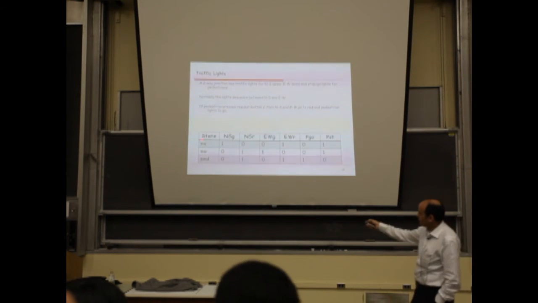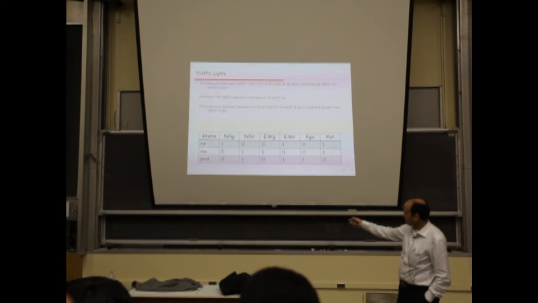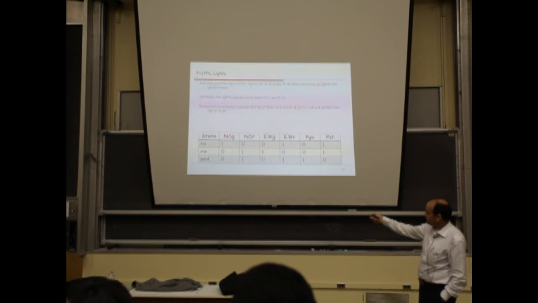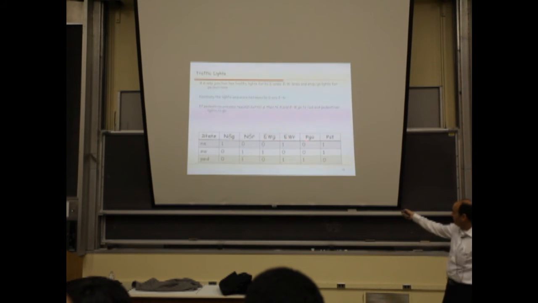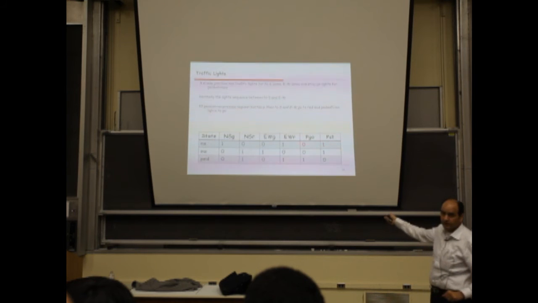So as you can see, when we are in north-south, we are going to make sure that the green signal for north-south is green, and the red signal is 0, which is not on, and the east-west green is not on, and the east-west red is not on, and the crossing sign or light is not on, and the stop, telling people to stop, is on, okay?